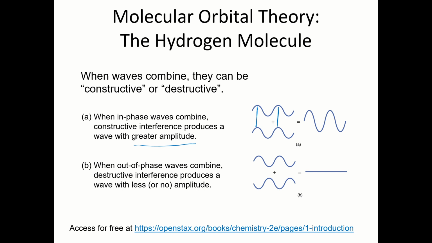Now, if the waves are out of phase, we have what we call destructive interference. That's when a peak matches with a trough of a wave, so they're mismatched, out of phase, and they result in either less or no amplitude. Here they just completely cancel each other out, and we end up with a straight line.